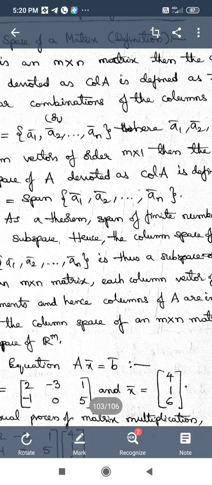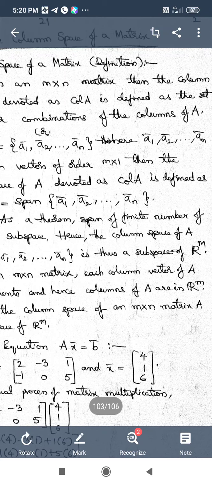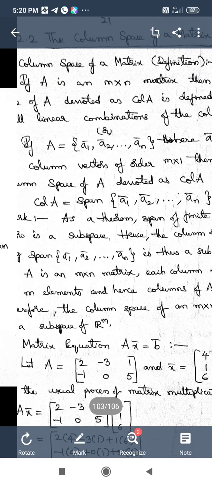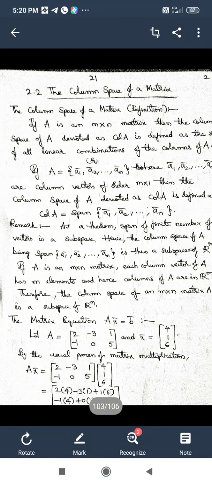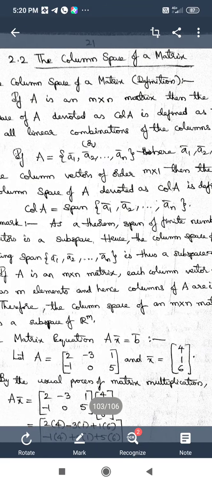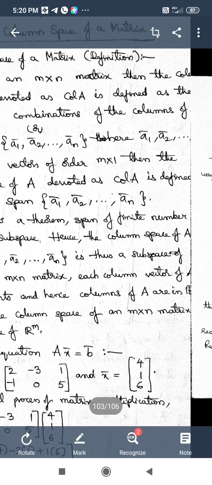Each of these vectors, that is a1 bar, a2 bar, so on, an bar, is nothing but a column vector of order m by 1. So now the matrix A is denoted as the set consisting of the column vectors, where each column is of order m by 1, and there are n column vectors.